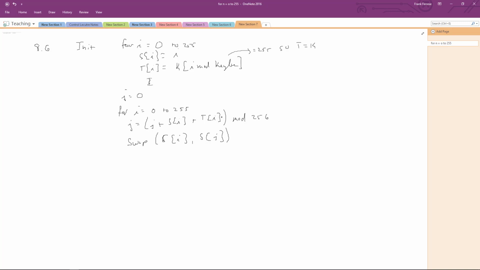And notice that T is in here, and T is actually equal to our key K. So what we want to do is figure out what do we put inside here so that j is always equal to i.